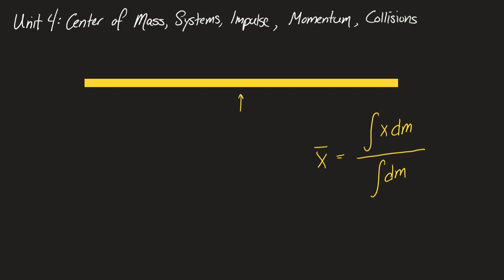The bottom just says to add up every piece of mass. So the bottom is very likely the mass of the object. That's all it is. The reason the sum is there is sometimes you don't know what the total mass is. Maybe they give you the mass as an expression.